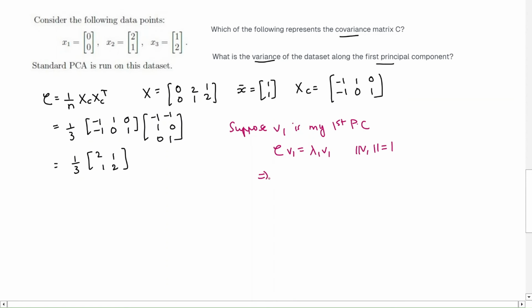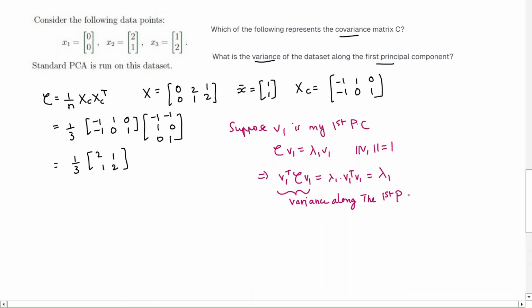Now this means v1 transpose C v1 is equal to lambda 1 times v1 transpose v1, which is nothing but lambda 1. And what is this term on the left? This term is nothing but the variance along the first principal component.